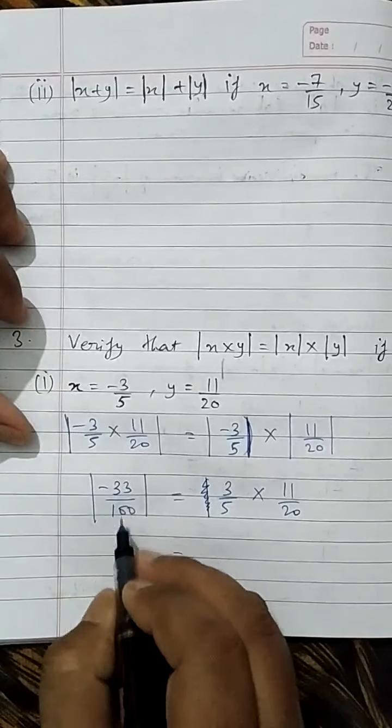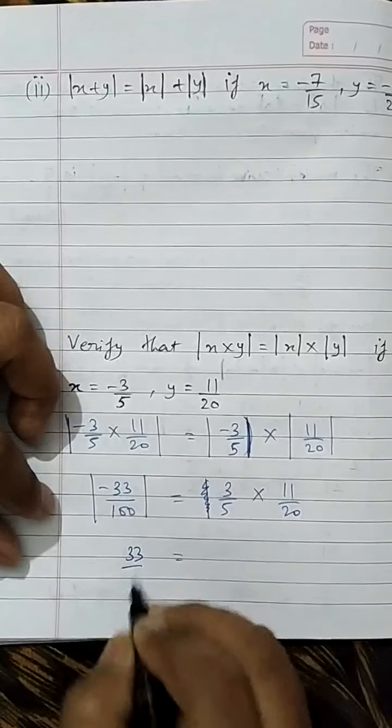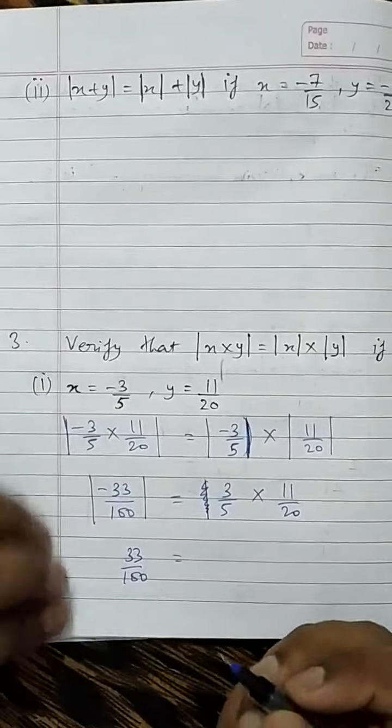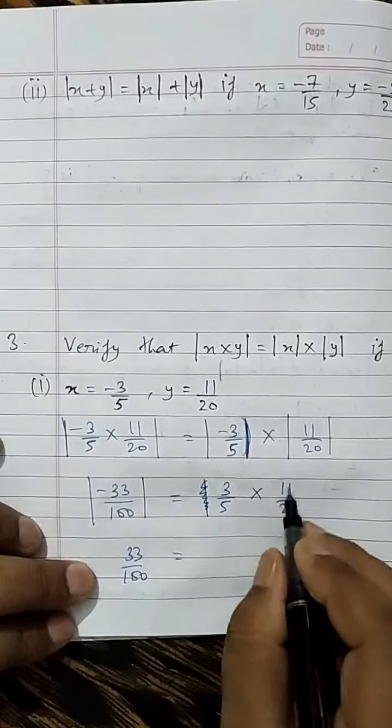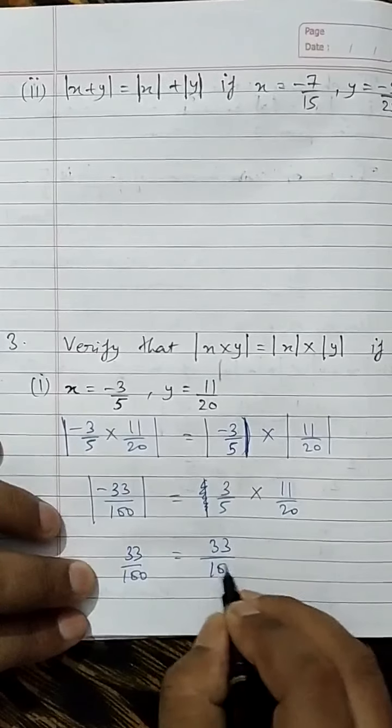When this minus 33 upon 100 comes out of this absolute sign, it becomes positive 33 upon 100, and 11 3s are 33 and 5 20s are 100.